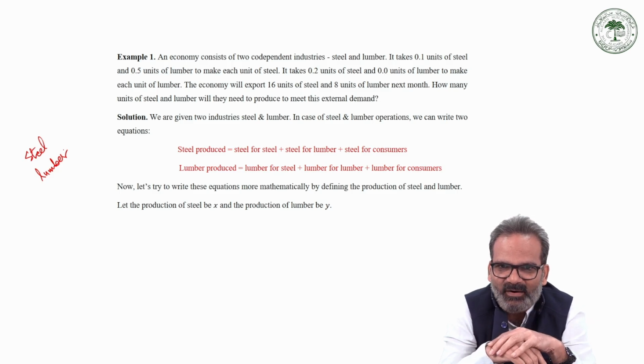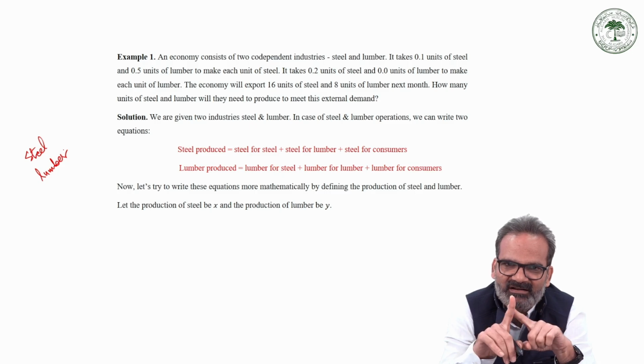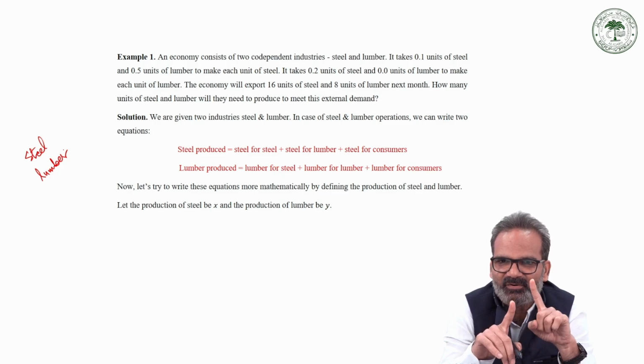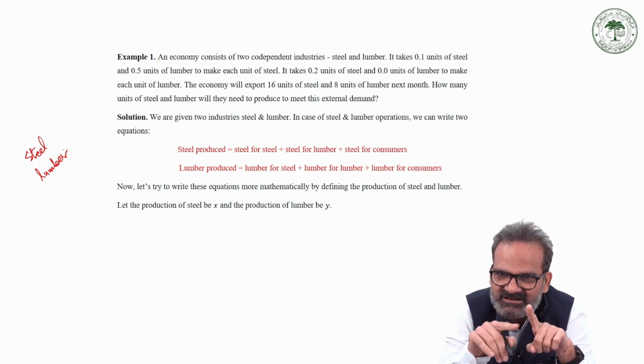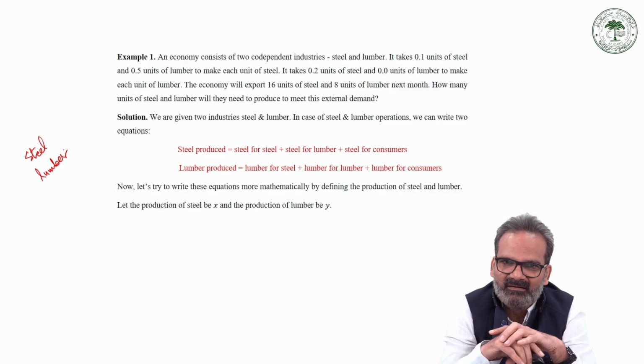Next, it takes 0.2 units of steel and 0 units of lumber to make each unit of lumber. It means 1 unit of lumber is produced by consuming 0.2 units of steel and 0 units of lumber.